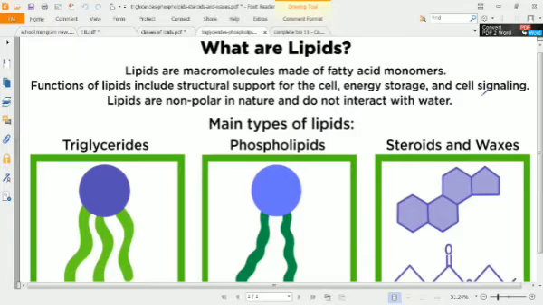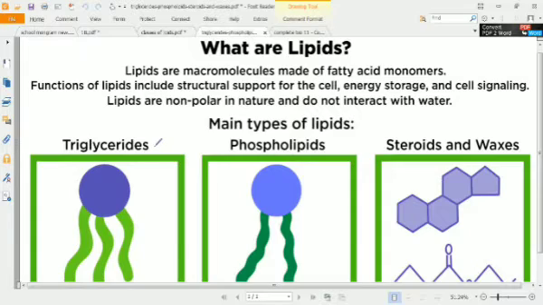Lipids are non-polar, we know, and they cannot interact with water. It means they are hydrophobic in nature, like fats and oils, waxes as well. Here we can see 3 types which we have discussed before: simple, complex, and derived.